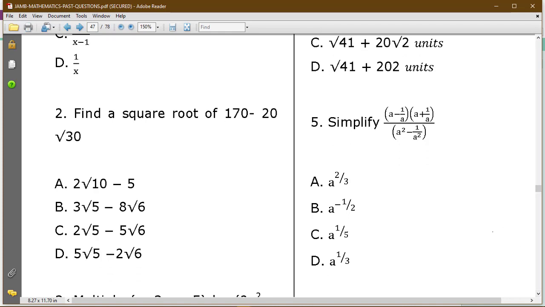Minus 1 all over a squared. Is that okay? Yes, I think it's okay.